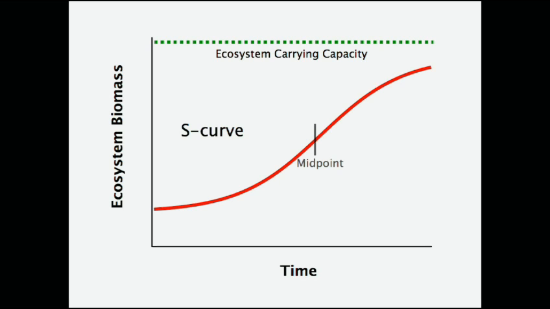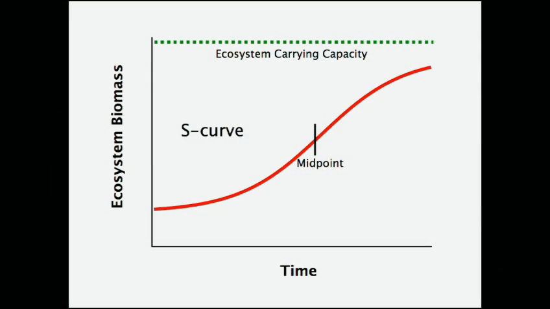And there's a midpoint to that S-curve that's a really important part of understanding this whole thing. Before that midpoint, there aren't that many species around to make use of the resources that are available. After the midpoint, resources become scarcer relative to the amount of biomass that's out there.